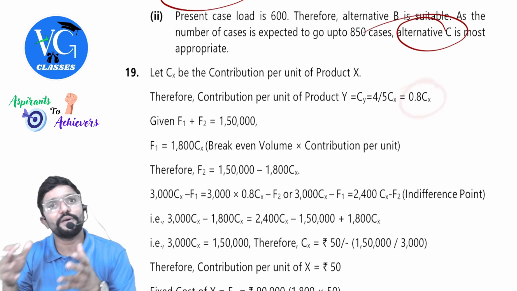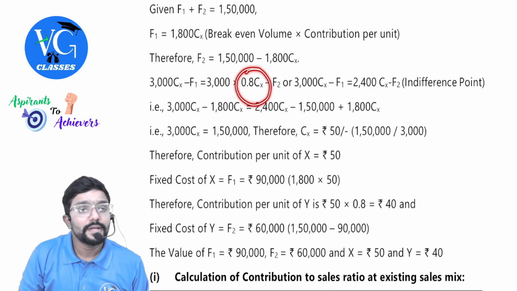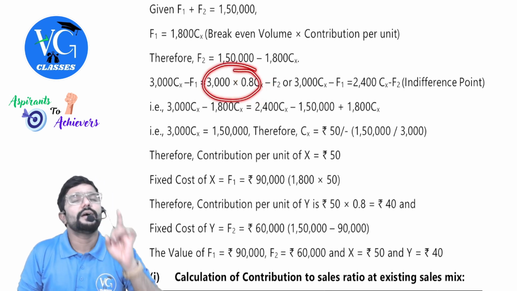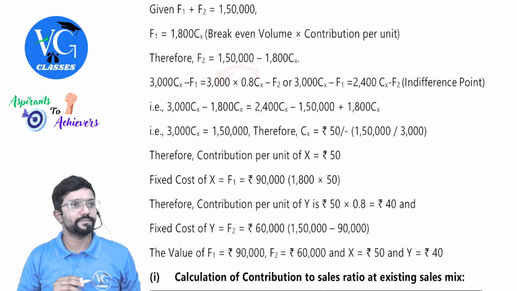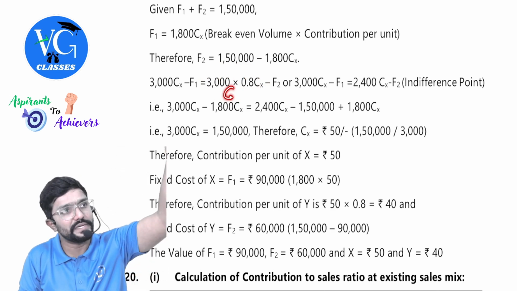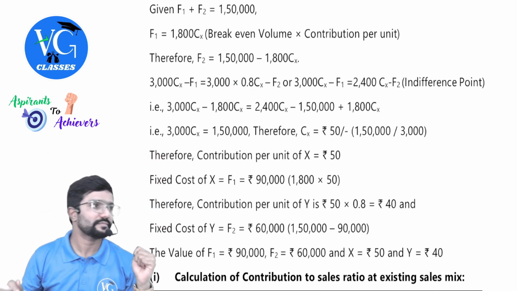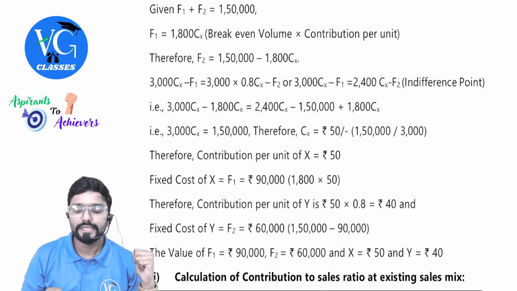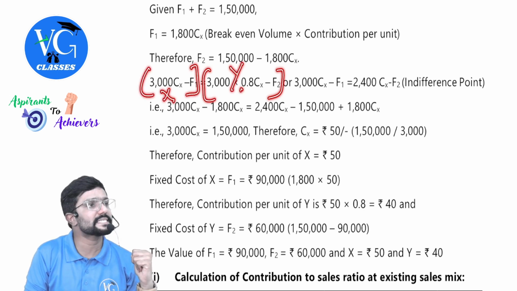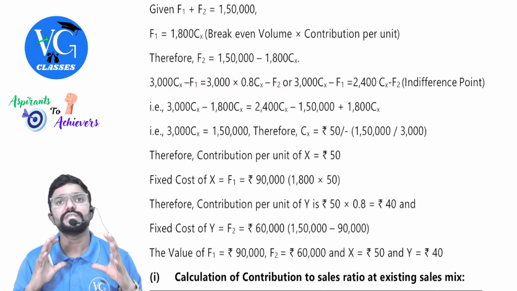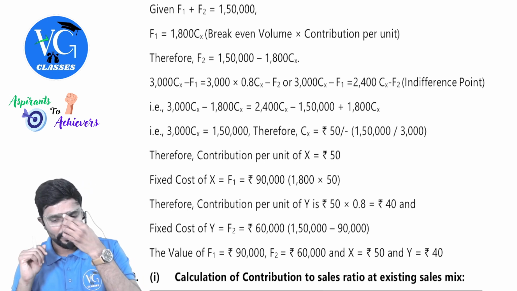So the contribution for 3000 units is 0.8 Cx into 3000, minus F2, which gives the profit of product Y. So this is the profit of product Y and this is the profit of product X, at 3000 units.